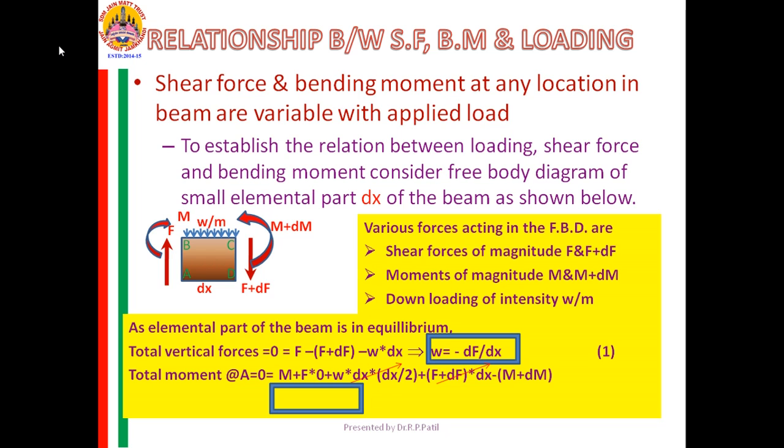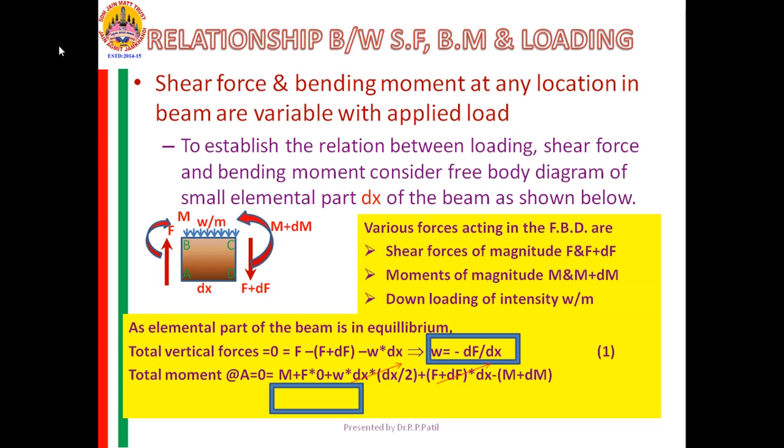Yes, first is M couple. Next is F. You are taking moment about A. It is in touch with A. Distance is 0. Therefore, F into 0. Next is w into dx is the load, into dx by 2.